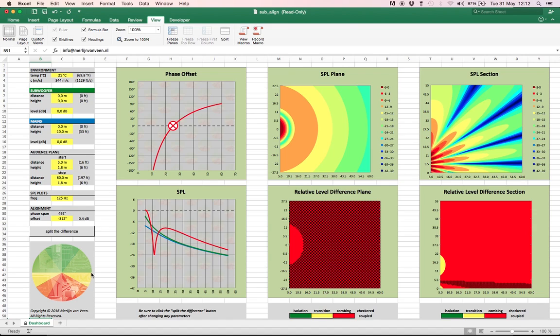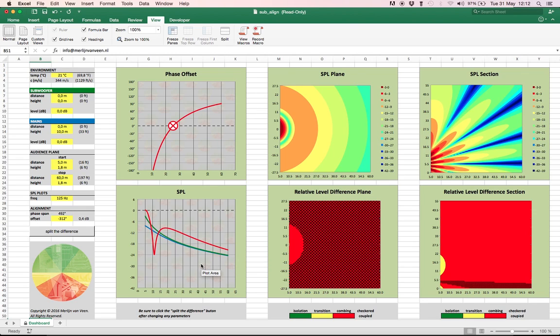In exchange for that, we have now catered a larger portion of our audience with coupled sound, which is the upside of this particular alignment position.